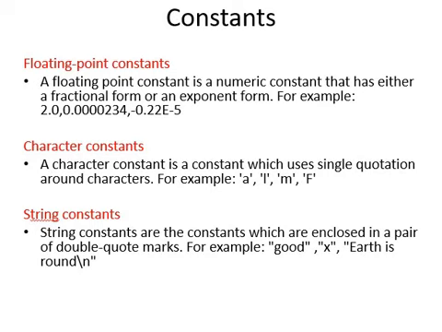An example value is given. Character constants use single quotation marks around characters, for example 'A', 'I', 'n', 'F'. String constants are enclosed in a pair of double quotes.